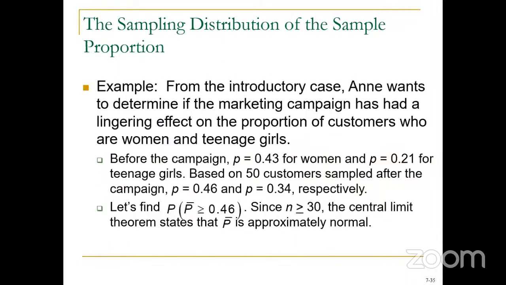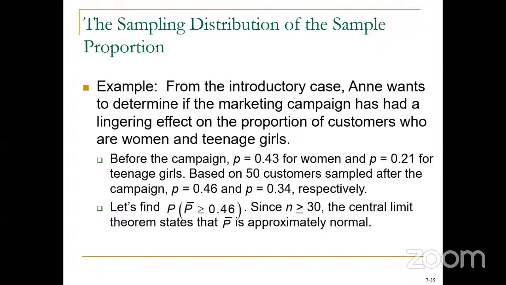I'll again take you back to the same example, where you recall that from the past data, the manager found that 43% were women and 0.21 for the teenage girls. The number of customers surveyed is 50. From the sample data, we got p bar equal to 0.46, and for the teenage girls, it is 0.34.